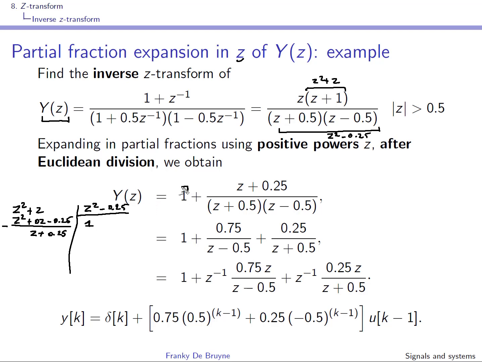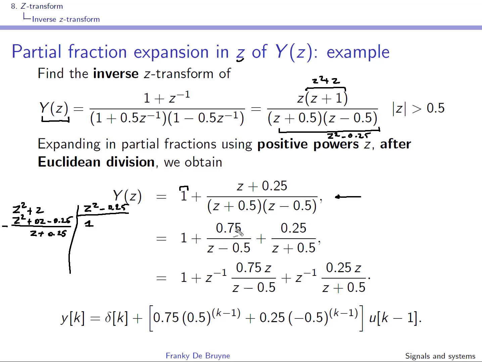This is what you have got over here, and then this one, the rest divided by this polynomial, and this polynomial is of course z plus 0.5 times z minus 0.5. So this is how we arrive at this expression, and this expression is now strictly proper. Okay, so we can do a partial fraction expansion of this one.